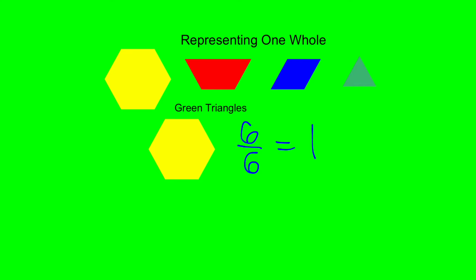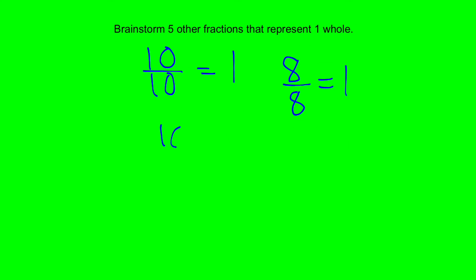So they discovered that, and then we talked about other fractions that could represent one whole. Anything like this, they said, 10 out of 10 is one whole, or 8 out of 8 is one whole, or 100 out of 100 is one whole.